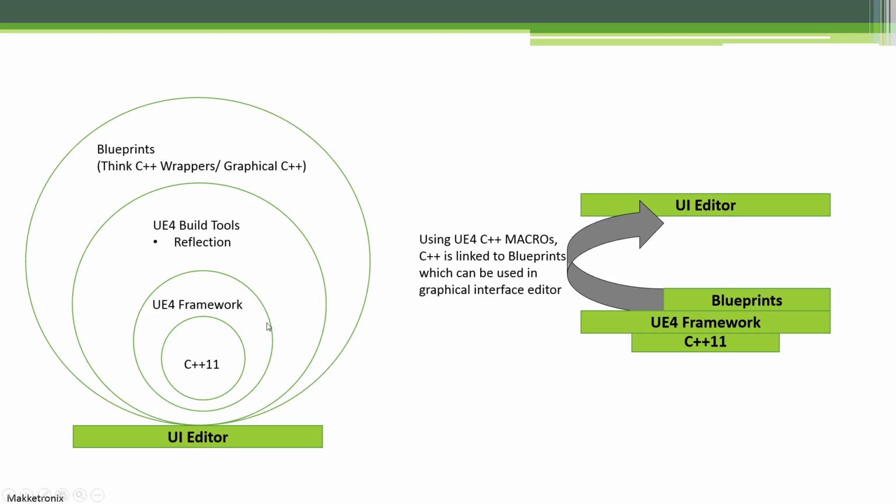You need to have the Unreal 4 framework, but you also need to build the framework using their build tools to get the reflection, in order for your code to be visible through the editor. Of course, it will interact with the game, but here specifically I'm talking about the editor.